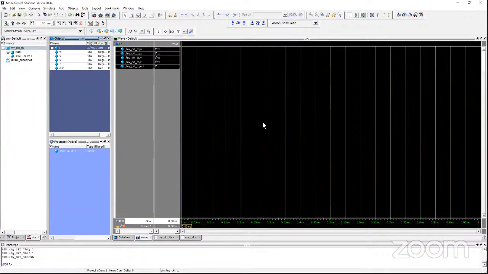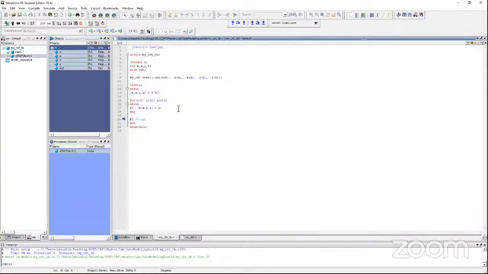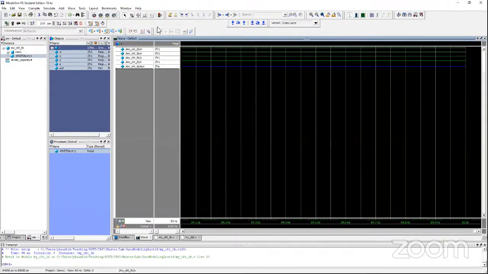So we'll be looking at the digital waveform coming out of this simulation, and then hit the simulation. So it's the end of the simulation, and then we can look at the waveforms.